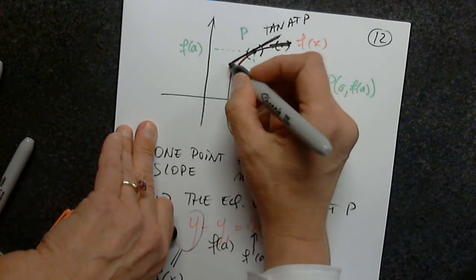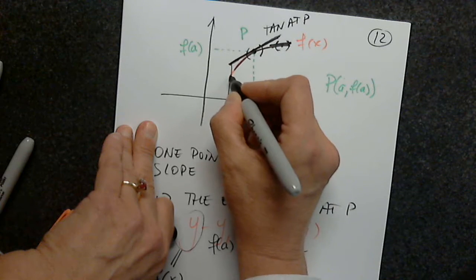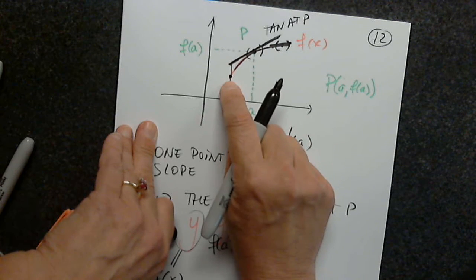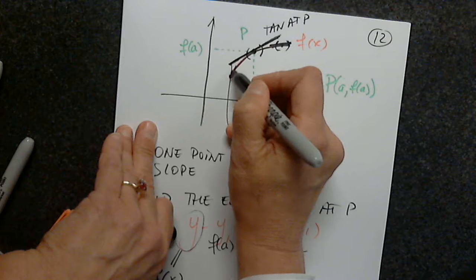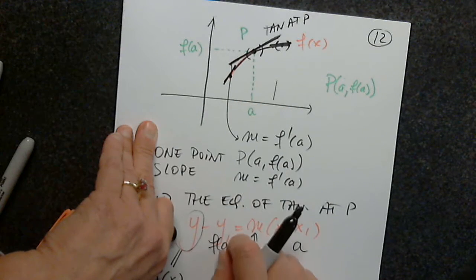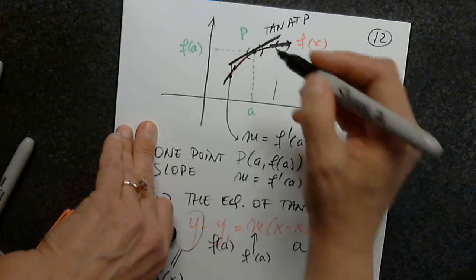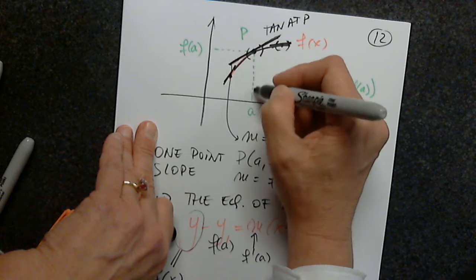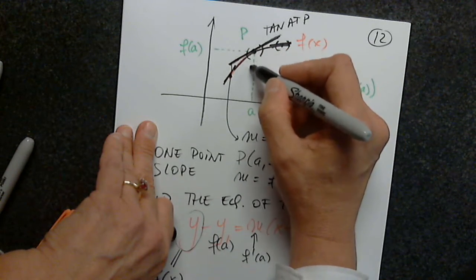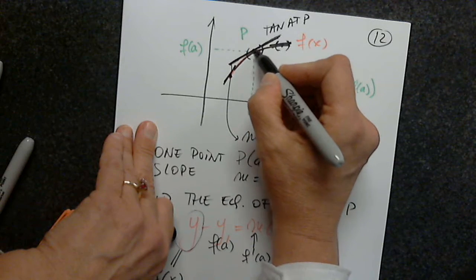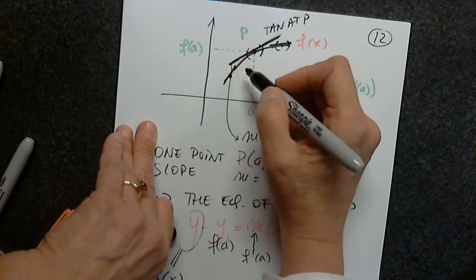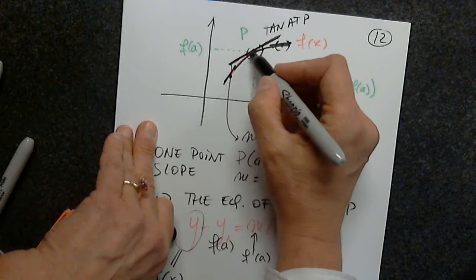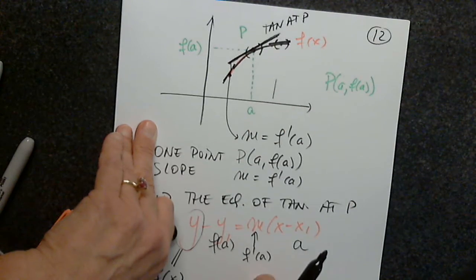I cannot use this line to evaluate the function at a point that's too far. But near P, left and right, as close as I can, not too far away, I can evaluate the function using this or get a very good approximation using this.